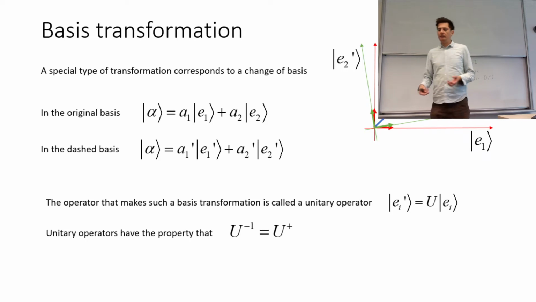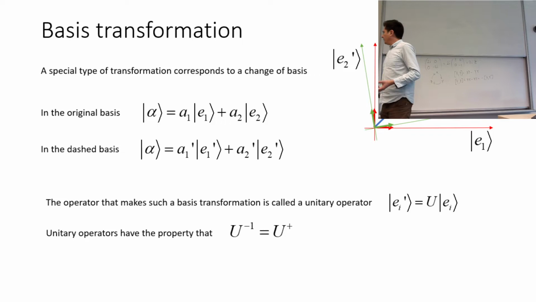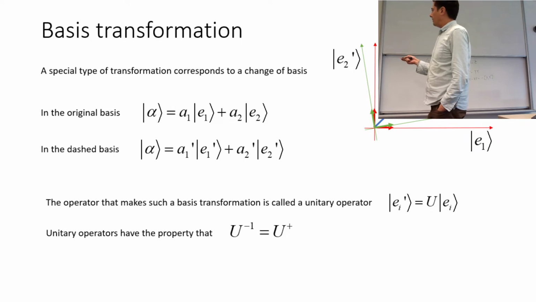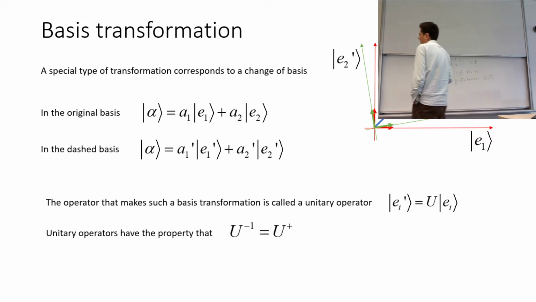So there's a unique kind of physical vector, but the way that you describe it is somewhat arbitrary. There's an arbitrary choice. So I could equally describe the vector in terms of this red coordinate system, using unit vectors E1, E2. Or I could equally describe it in terms of this other coordinate system, the green one, E1 dash, E2 dash. Neither is better or worse.